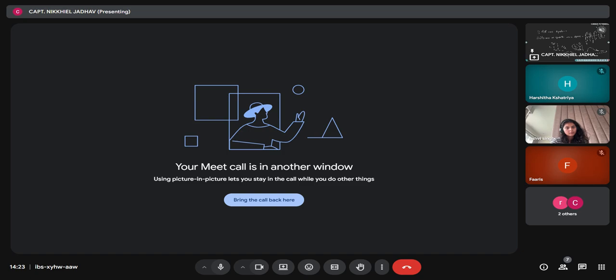This is not even covered in the RK Bali. These are not their antennas and all, but I'll just give you basic information of all this before we jump into the radio instruments. That's why I'm looking at both the books. There is some information in RK Bali and some in Oxford.